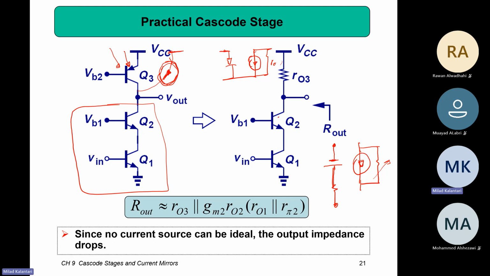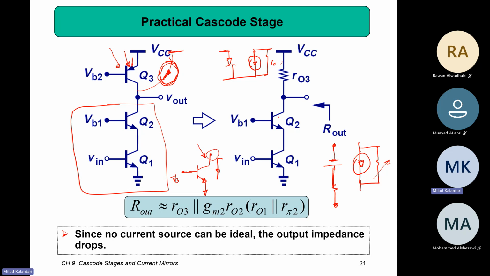This is the PNP device. If it were an NPN, the NPN is like this, right? We normally use it like this: the emitter is grounded, the base has some voltage VB, and the collector current is in this direction. So we cannot use this over here, because the direction of the current is sinking into this device.